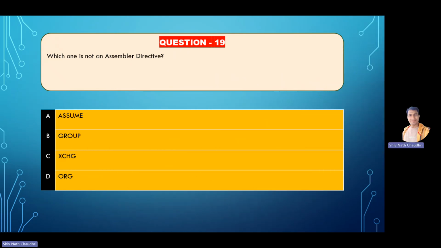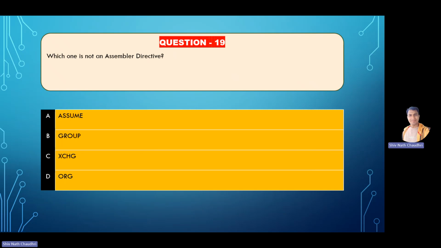The next question is about which one is not an assembler directive. Assembler directives are commands to the assembler. Option A is ASSUME, which is an assembler directive. GROUP is also an assembler directive; we can group two segments into one segment using it. Then C, exchange. Exchange is an instruction in 8086, not an assembler directive.